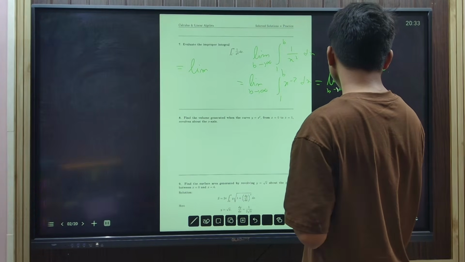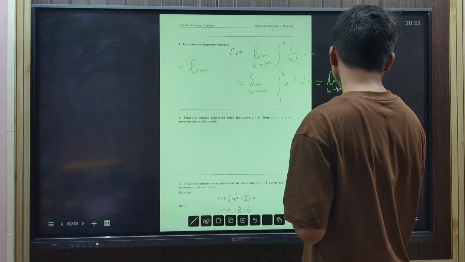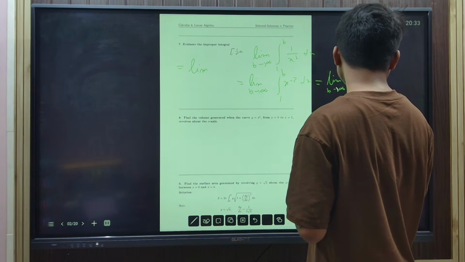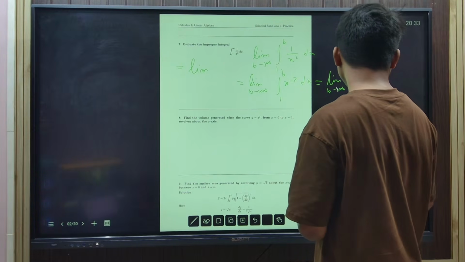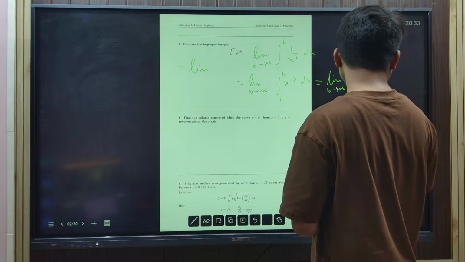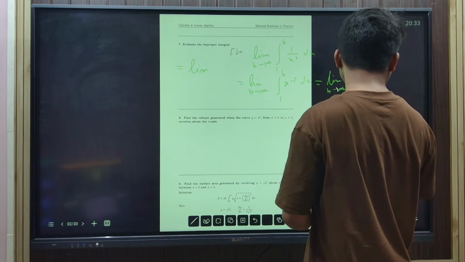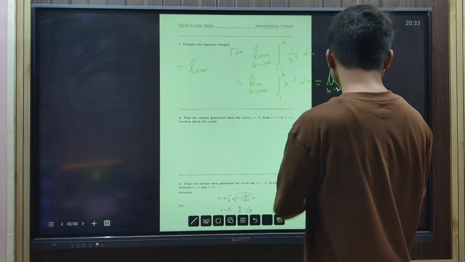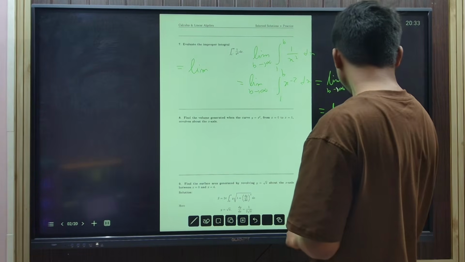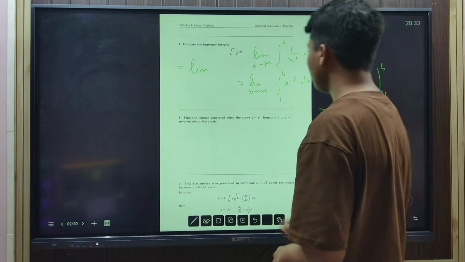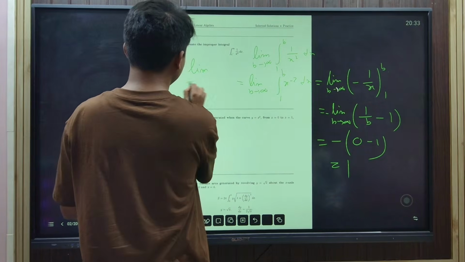So this is exactly limit b tends to infinity, minus of, you can put minus outside, 1 by b minus 1, right? So if you put limit b tends to infinity, 1 by b will be 0, so 0 minus 1, with the minus outside, this is exactly equal to 1. The value of this limit is exactly equal to 1.